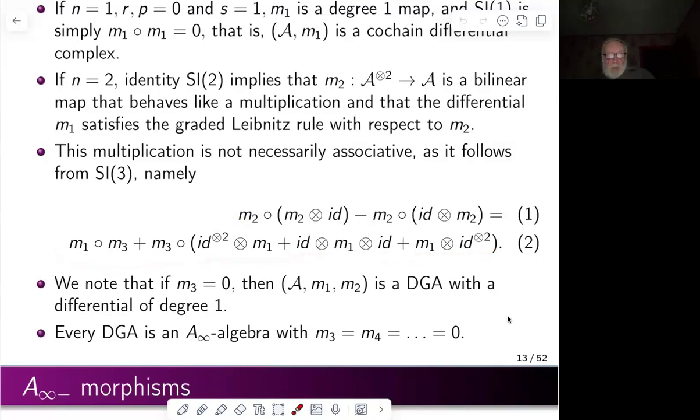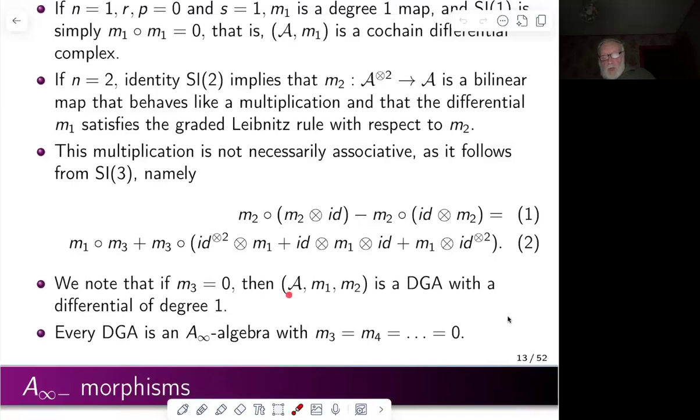And we can immediately discover that if we suppose m3 equal to 0, then this condition gives compatibility of m1 and m2 in the above sense.